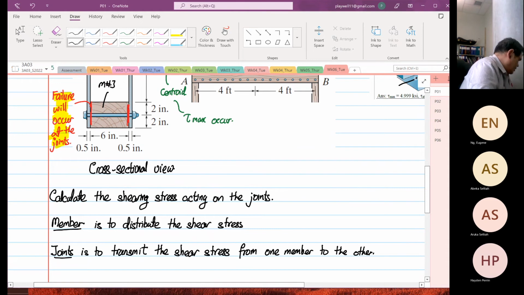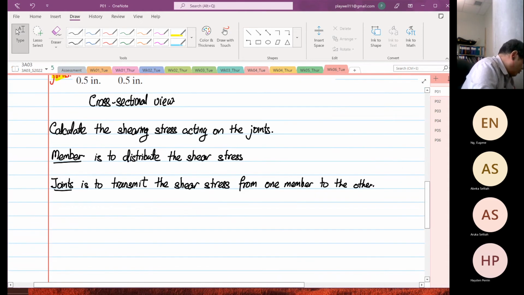And there's a new formula that we're going to learn, and this new formula is built up from shear flow. We know that shear flow is, if we recall, small q equal to VQ over I. That is our shear flow.